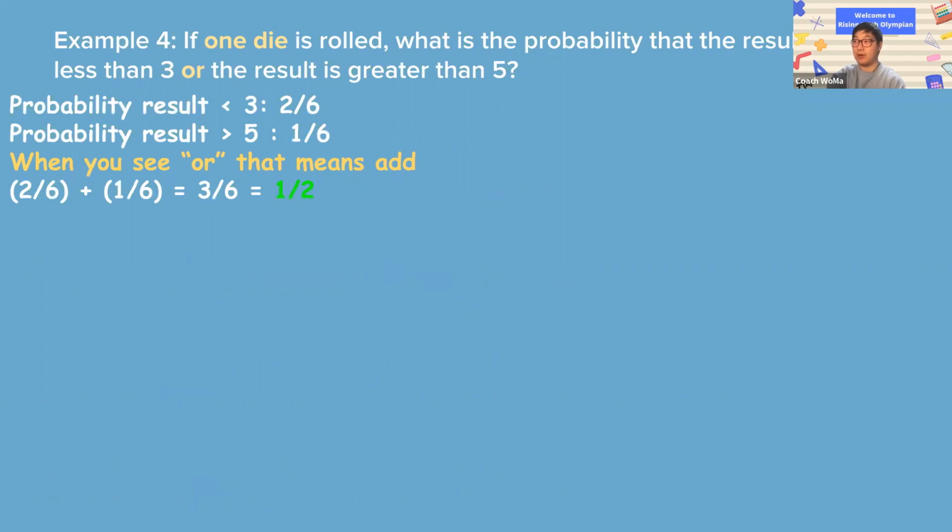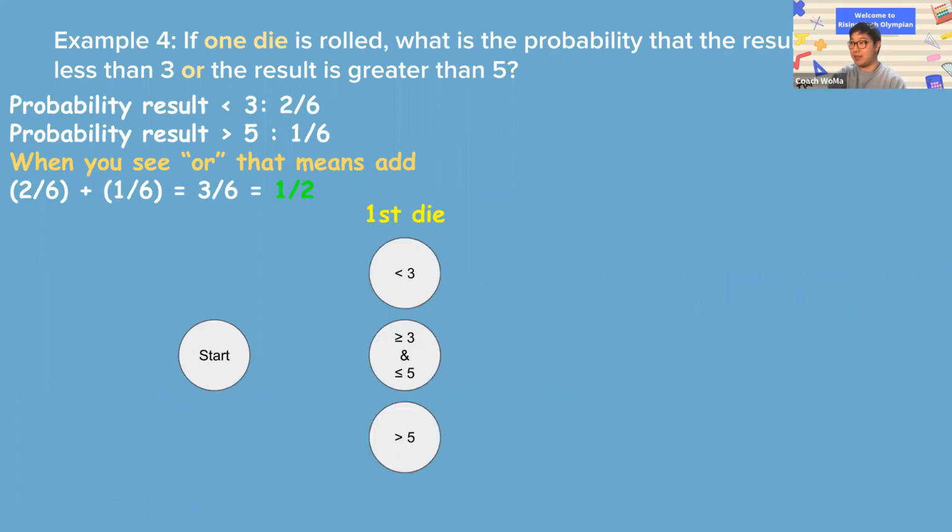If we're looking from that parallel universe way that I was showing before, you roll your dice, and this time there are actually 3 different buckets that you could fall in. You could be in the less than 3, greater than 5, or between 3 and 5 inclusive.